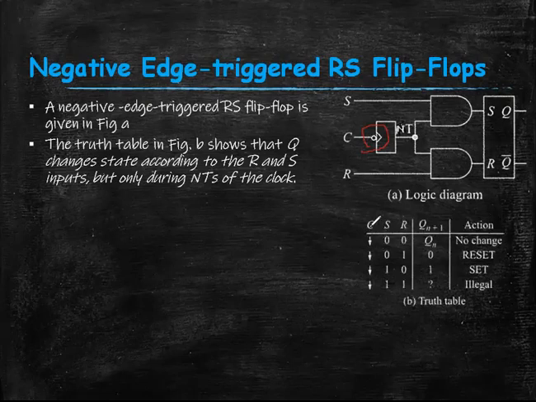Look at the arrow, it is downward. And there is no other change. One change is here, a small circle is additionally there, and NT, that means negative triggering, and the clock is represented by a down arrow.